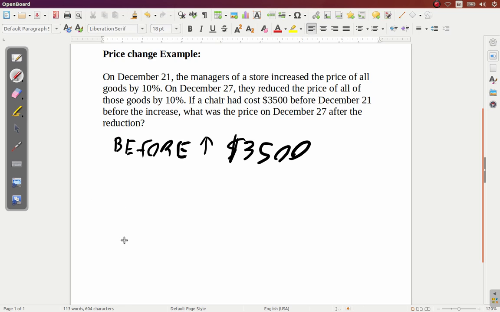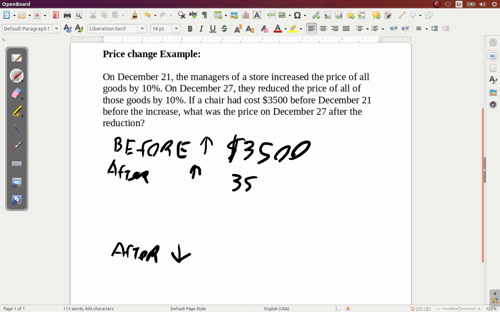Now, after the increase, what was the new price?